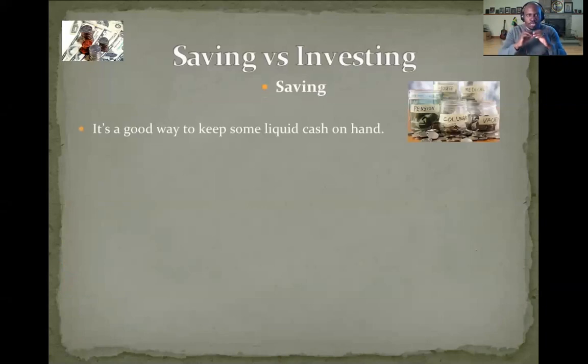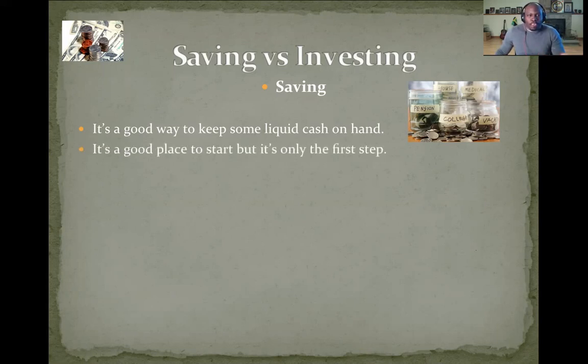These are just some key ideas behind saving. I don't want to say good or bad, but take it for what it is. I just have a few listed out here. It's a good way to keep some liquid cash on hand, obviously. It's also a good place to start, but it's only the first step, I should say. So you have cash, but what do you do with cash?